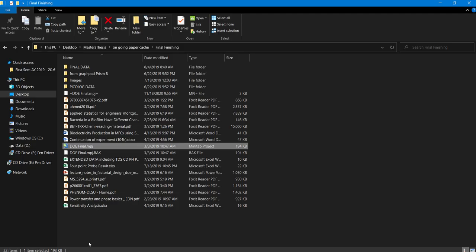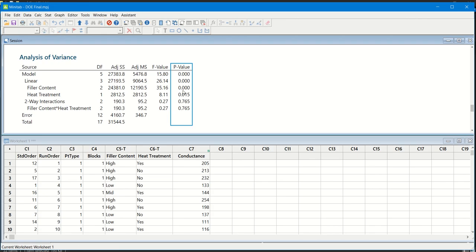Okay, so going back to the analysis here, the p-value of the filler content is 0.00. So, ibig sabihin, less than 0.05. So, I will reject the null hypothesis, which is that the filler has no effect. Since I have a less than 0.05 p-value, I will reject the null hypothesis that says there is no effect.